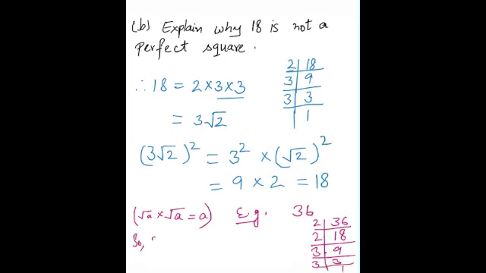So 36 is equal to 2 times 2 times 3 times 3. So here is a perfect pair and here is a perfect pair as well, which means 2 times 3 is equal to 6, and we know 6 squared is 36, which is a perfect square.